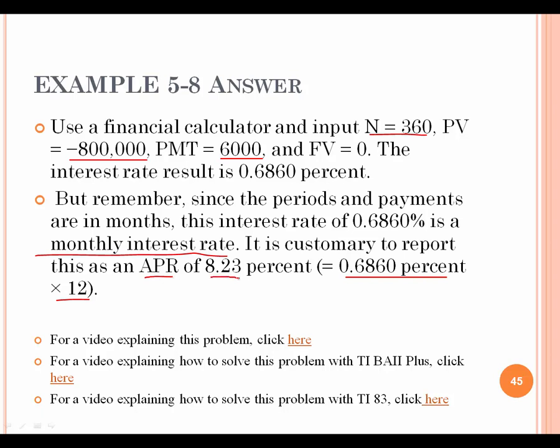So if you get to invest all your $800,000 in an account that generates a 8.23% annual return, which is also about 0.686% every month, then you can actually withdraw $6,000 each month from that account, month after month, for 30 years. So that is a typical retirement planning question.